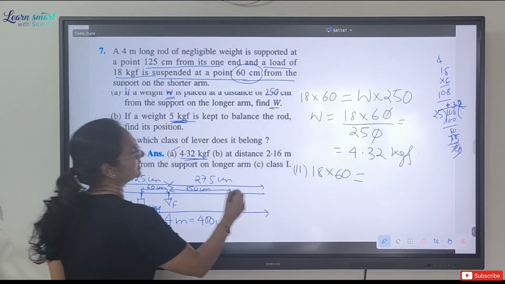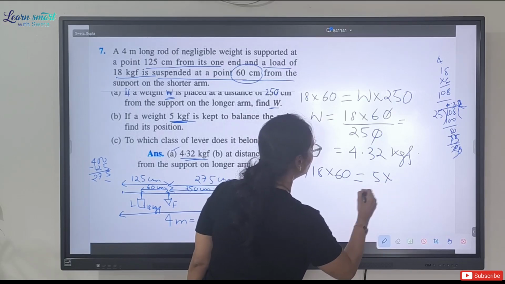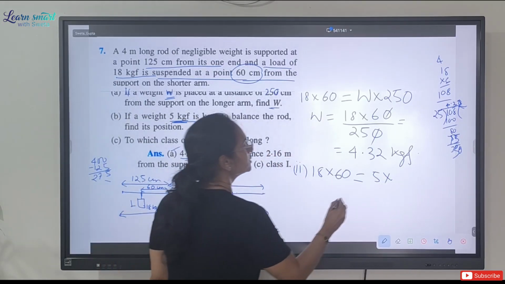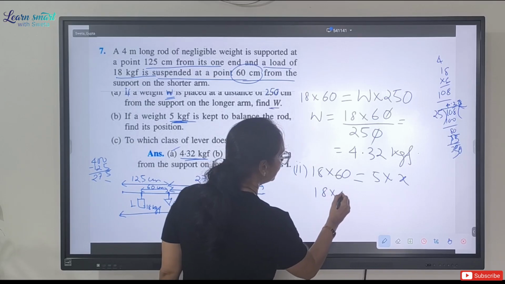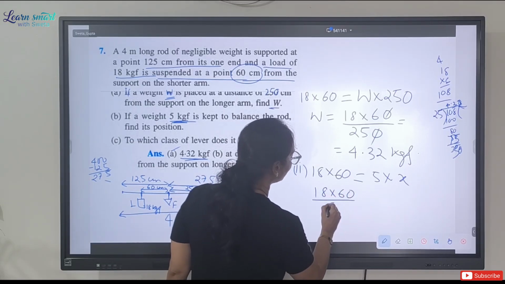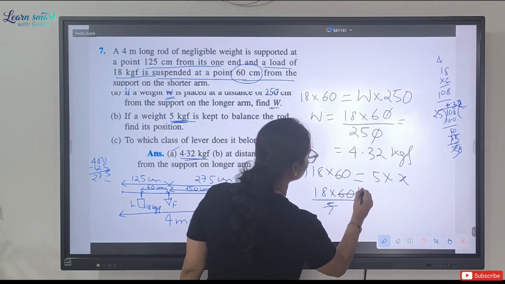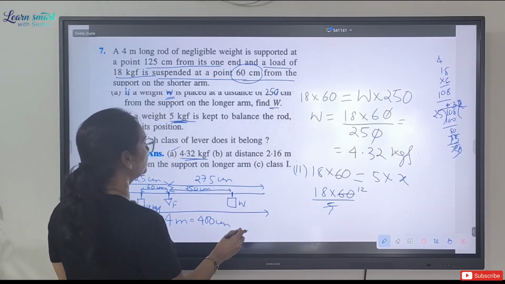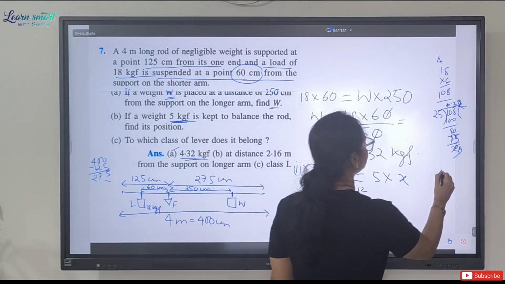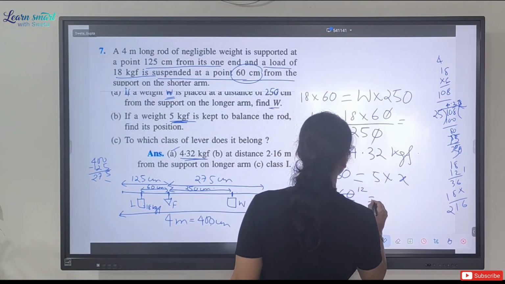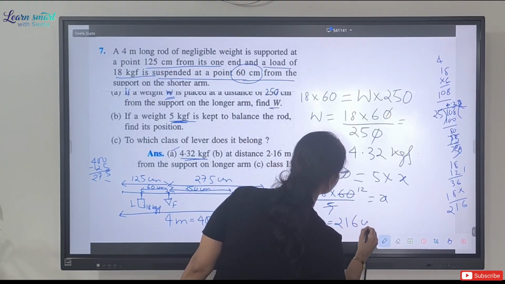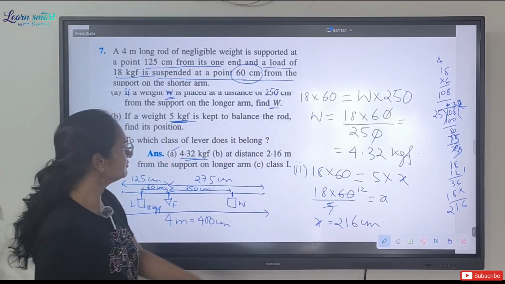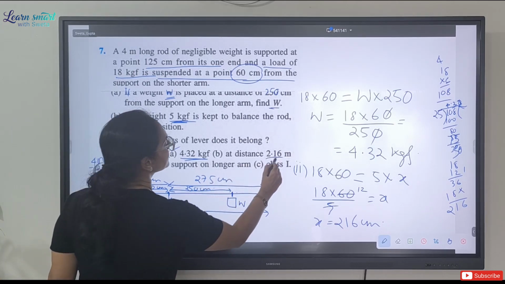Let's say that distance is x. So x is 18 into 60 upon 5. 5 twelves are 60, and if you do 18 into 12, we get x equal to 216 centimeter. And in meter, we get 2.16 meter.